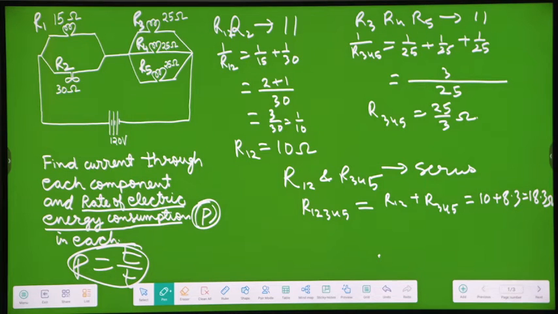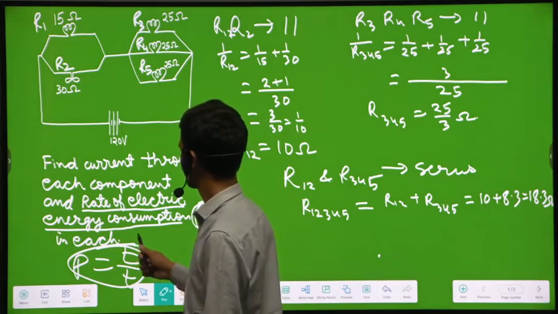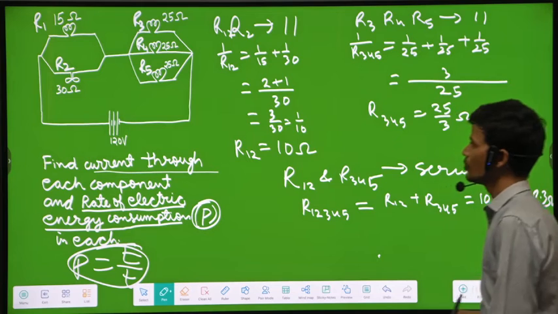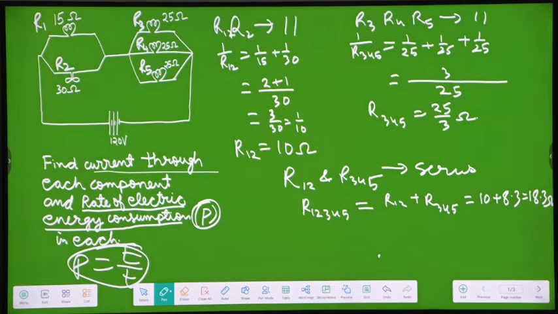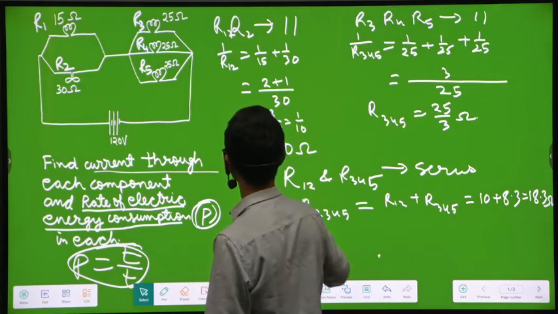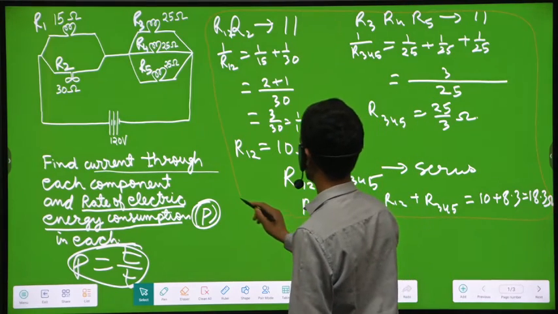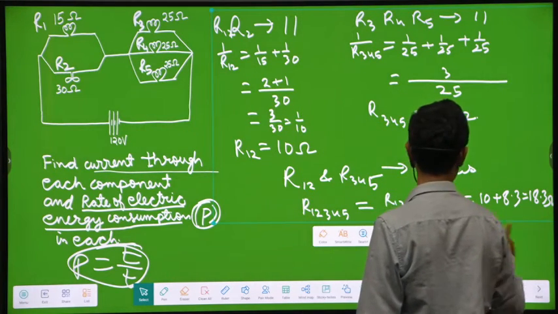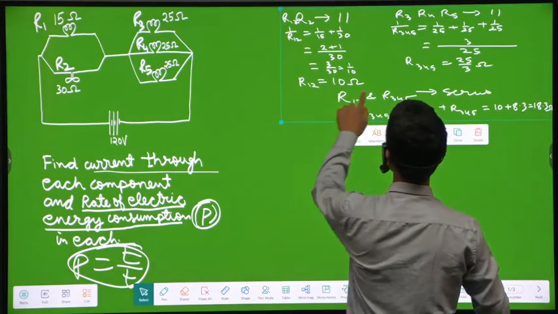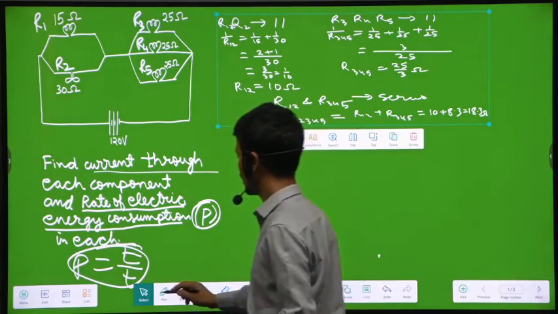Okay, now what? We have to find the current through each component. For that, we will first find the current through the entire circuit.